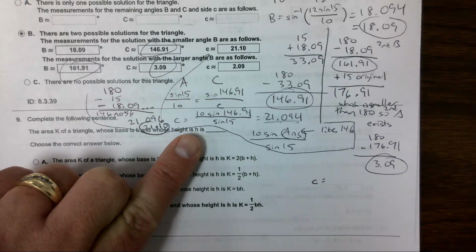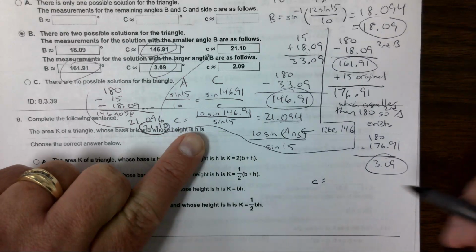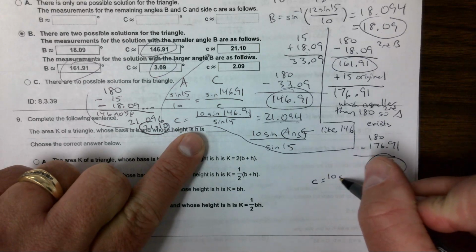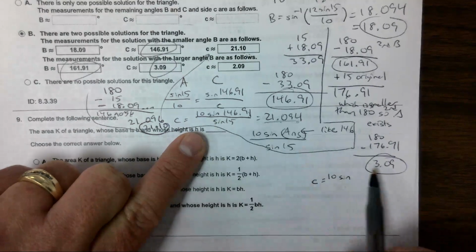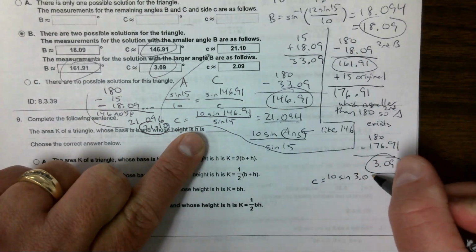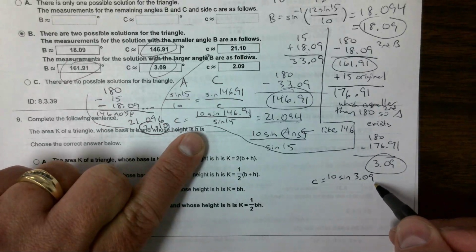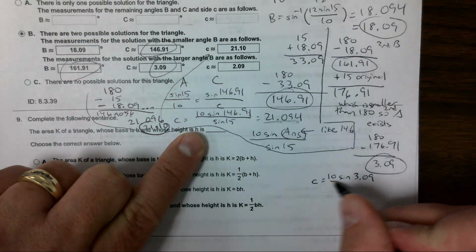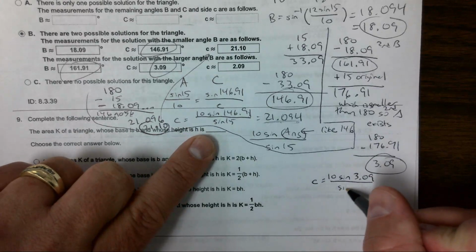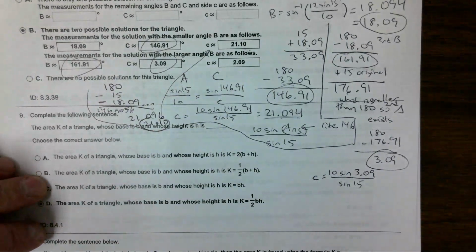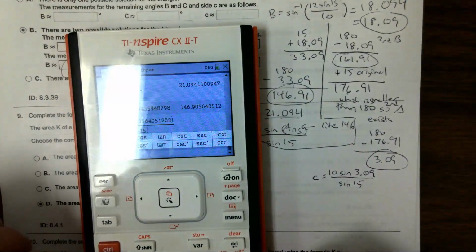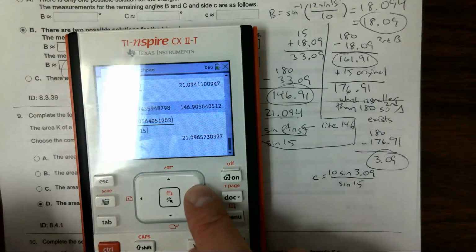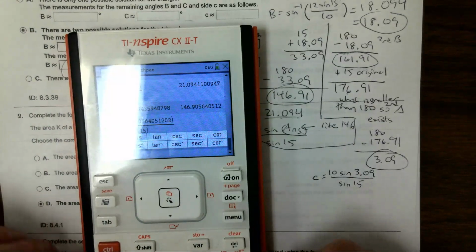So here, it's going to be 10 sine. The new C angle is 3.09. I really am hoping that doesn't have to have more decimal places. And then divide by sine 15. Sine 3.09 divide by sine 15.